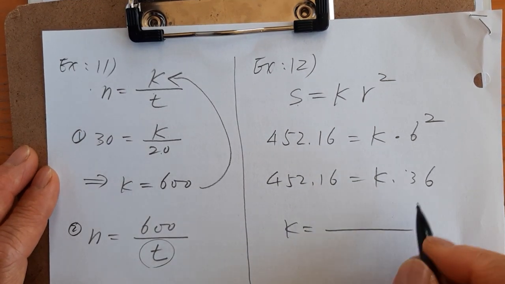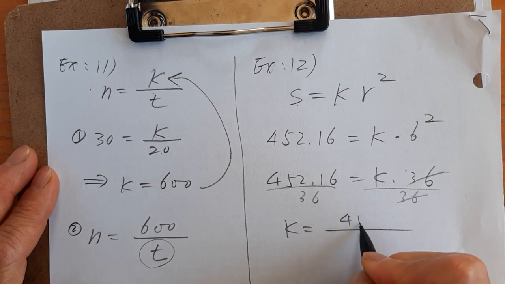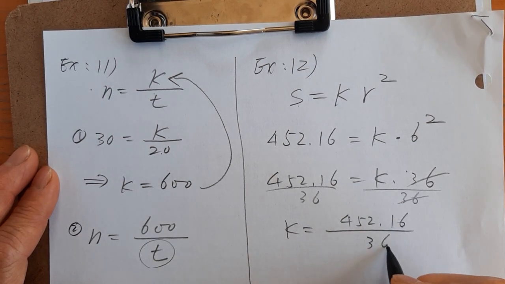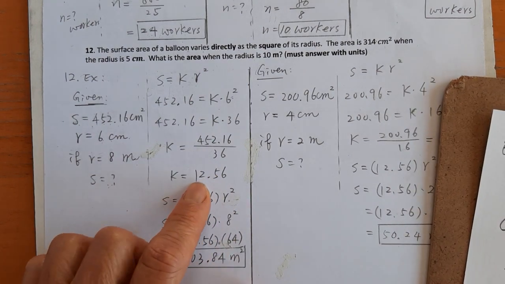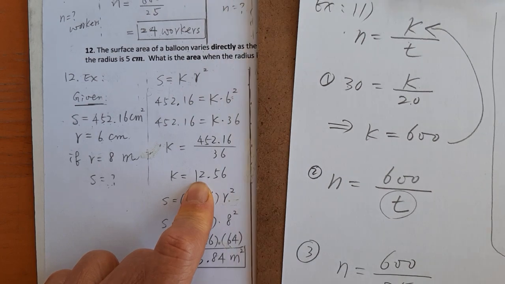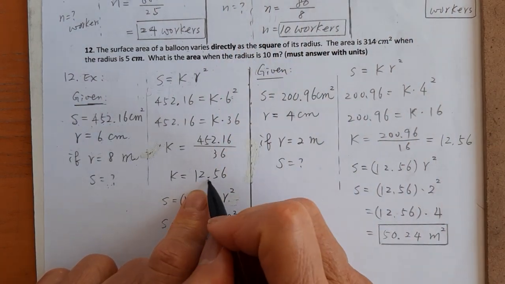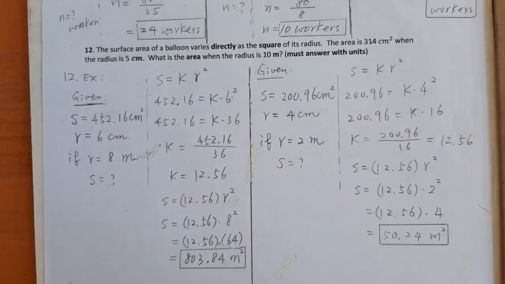Then divide both sides by 36: 452.16 divided by 36, and you get K. K equals 12.56.